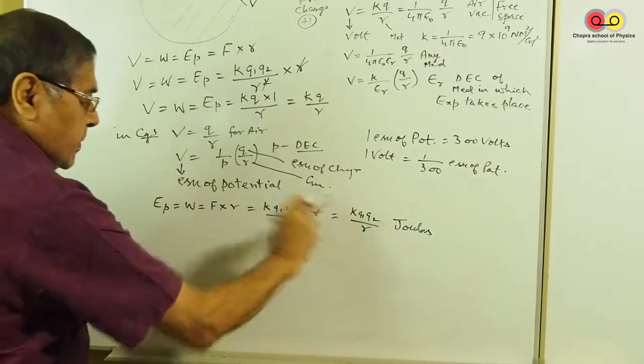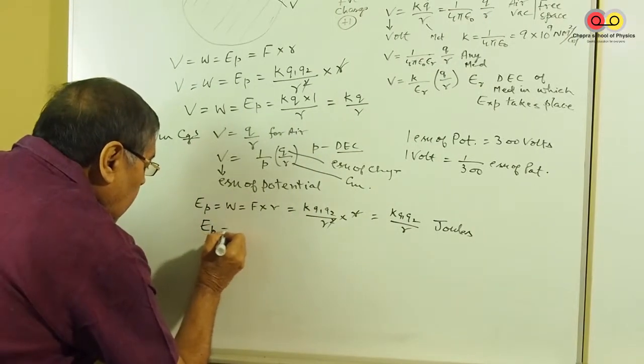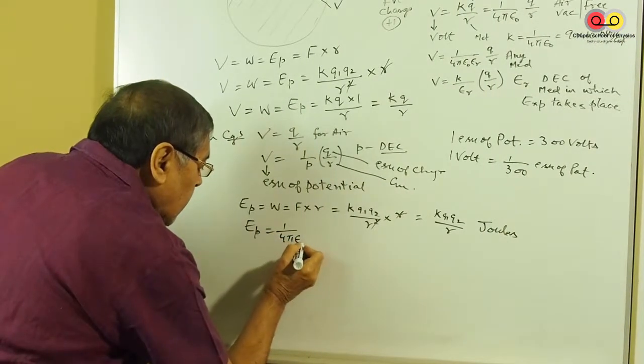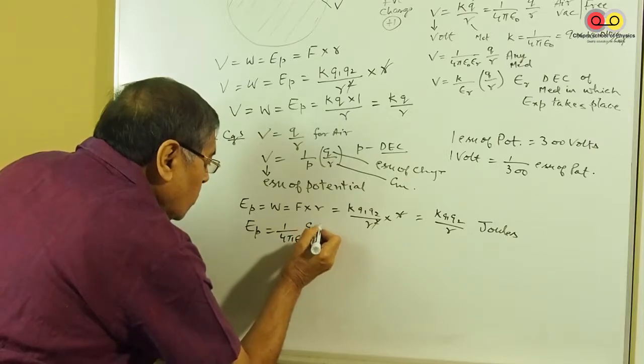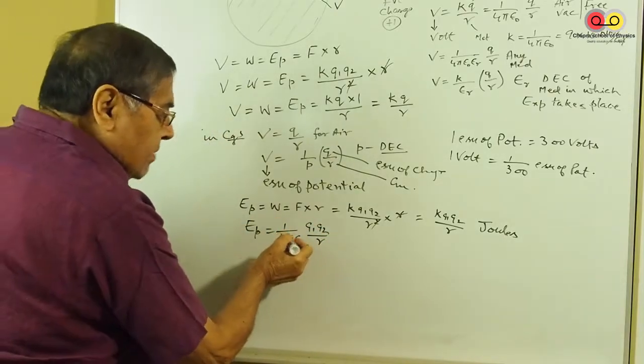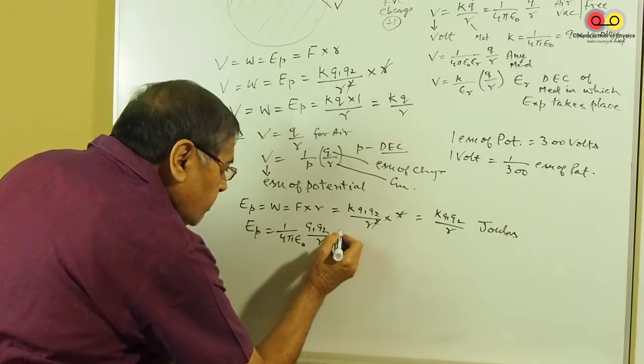So EP is this much, or otherwise we can write this formula as 1 over 4 pi epsilon naught, Q1 Q2 divided by R. We have estimated it in joules. The value is for air medium.